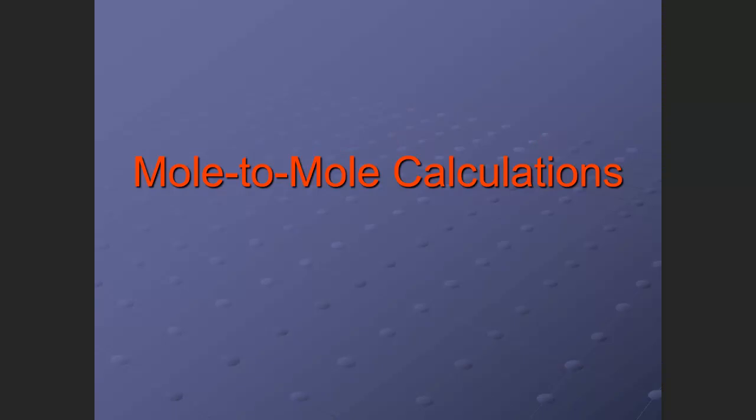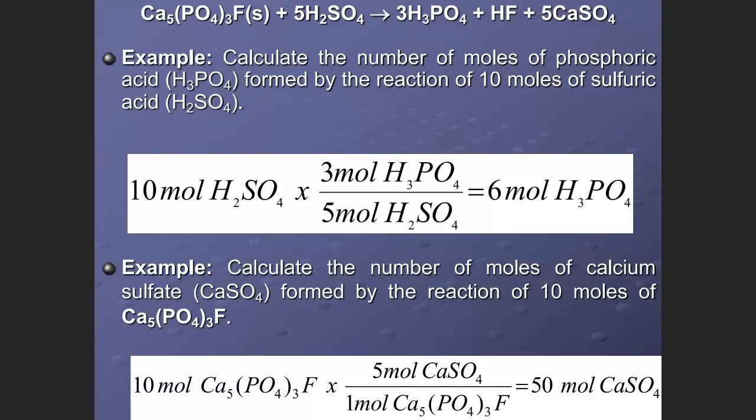So now let's go for the calculation. This is the same reaction that we saw on the last page. Let's see two examples. Calculate the number of moles of phosphoric acid. See what we have to find. Let's think easily.